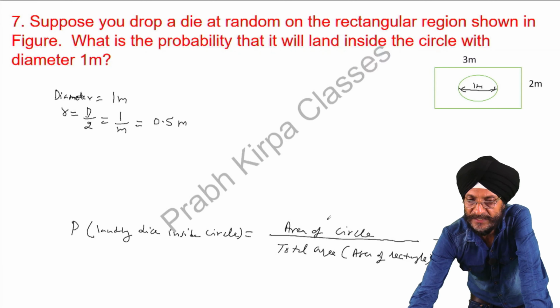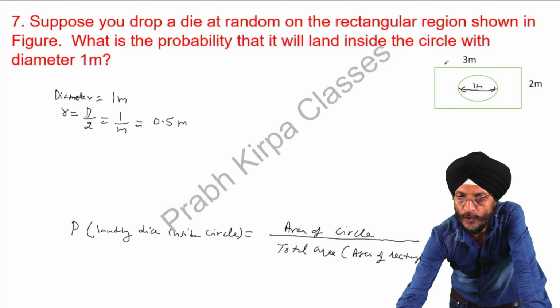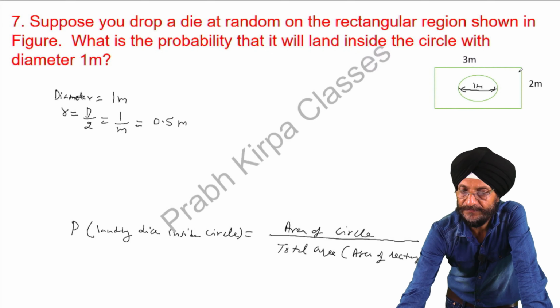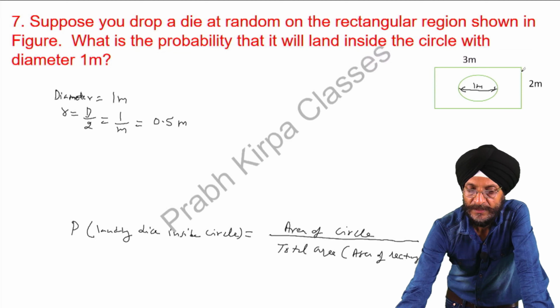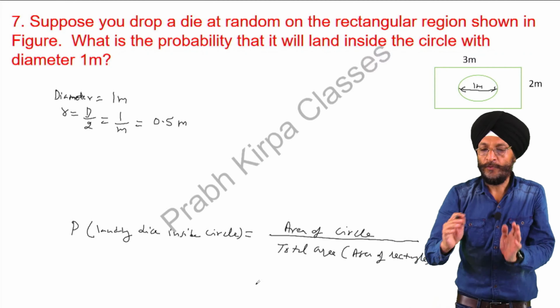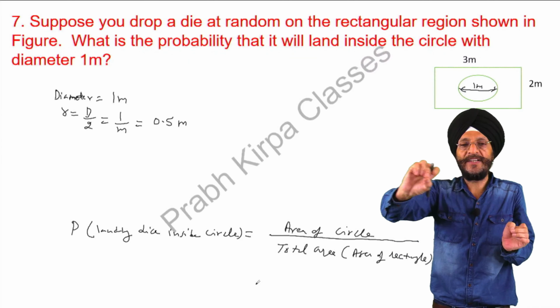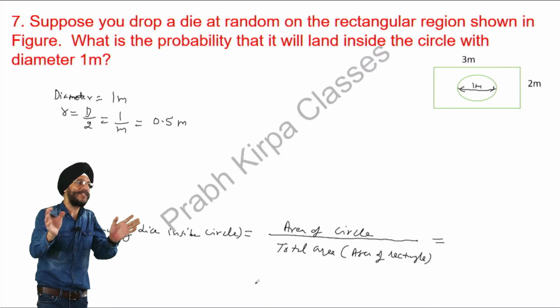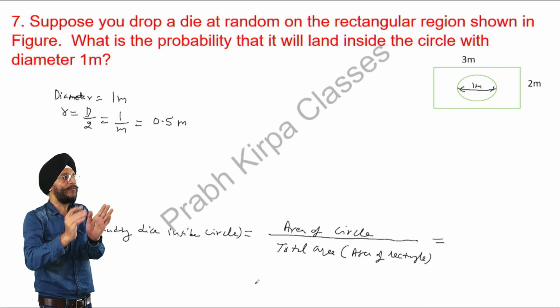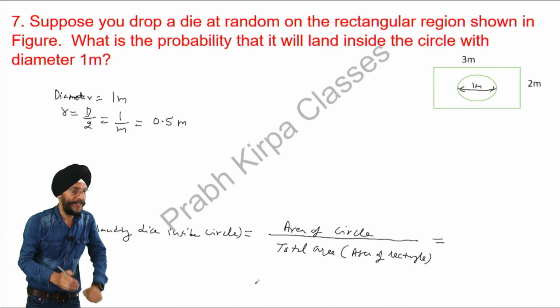Here it will be known as favorable outcome, this area, and this total area will be known as total number of outcomes. We normally use the formula number of favorable outcomes divided by total number of outcomes. Here, because the area has been given, we will find the favorable area divided by total area.